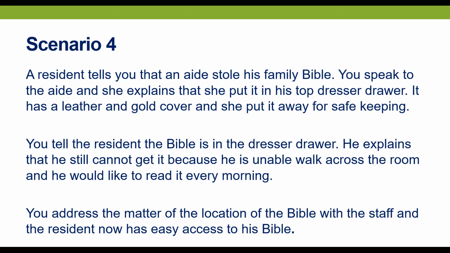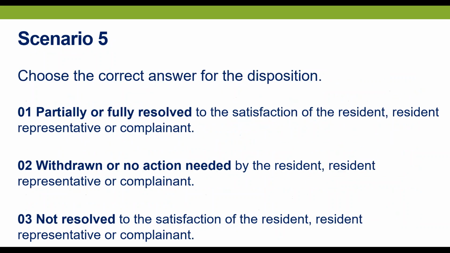So whenever they went back to the resident, I would assume they said, this is what the aide said, may we check your drawer? They checked the drawer, and then the resident said, that's too far away from me. So I believe that's how that probably happened. Okay, so good questions. Let's move on to scenario 6.